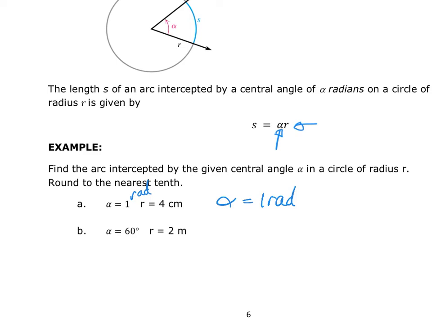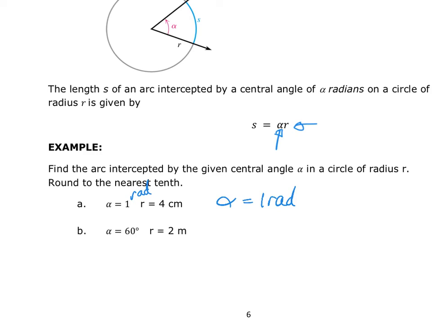Now, the question I ask you is, why doesn't that have pi attached to it? Does it need to have pi attached to it? No. It does not need to have pi attached to it.